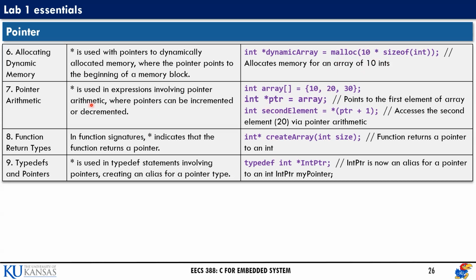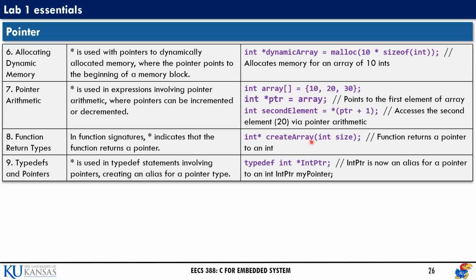Also, we can do pointer arithmetic, as I already told you, to access the array elements. We can just add a number like +1, +2, or +5 to our pointer to access the element of our array. And also our function return types can be pointers.